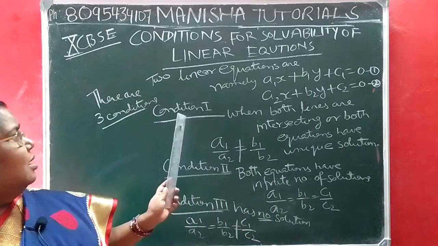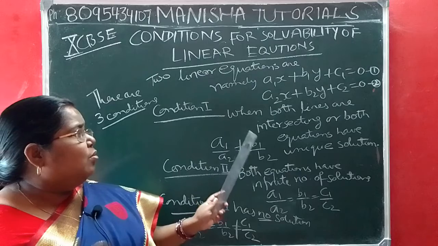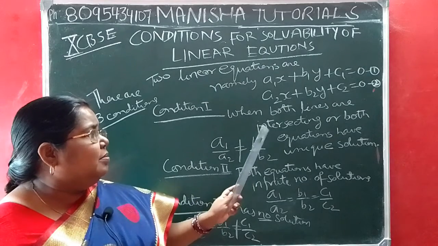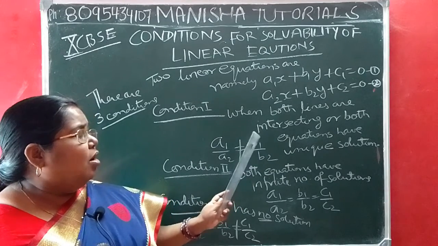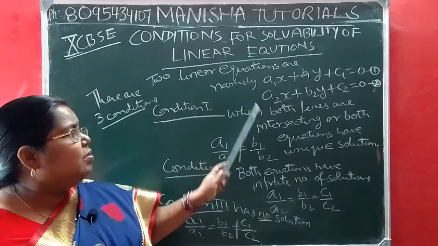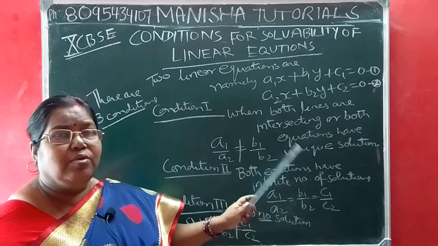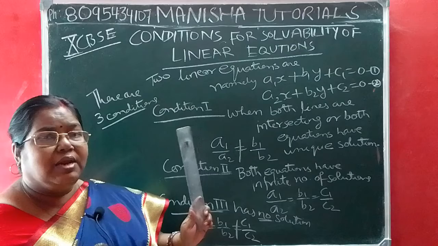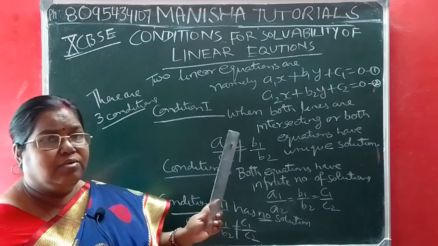What are the conditions? Number one, when both lines are intersecting, that is, both equations have a unique solution. Only one solution, x is equal to something and y is equal to something.